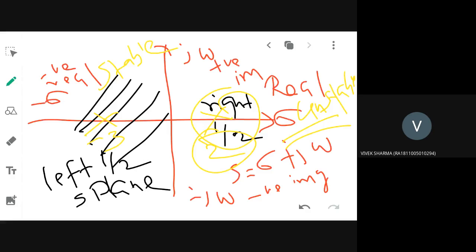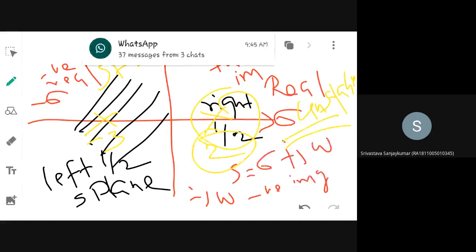When you are having a negative real root, it will be located in the left half. That region is the stable region, so we will call the system stable. Suppose we are having positive real roots, they will be located in the right half. In that case, the system will be unstable. Understood? Yes, ma'am. Others also, if you had forgotten, I am refreshing things again.